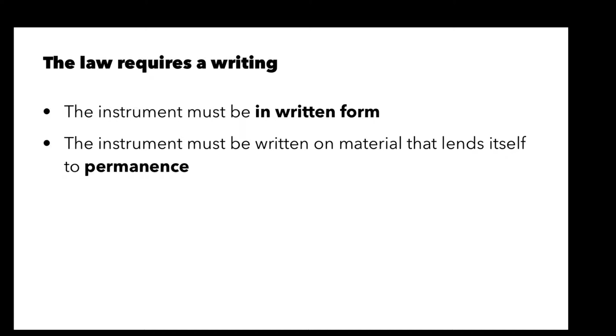We could write it, we could cut it into a table. Any of those, as long as there's a writing and it's on material that lends itself to permanence, then that indicates that it is likely to meet the standard of a writing for a negotiable instrument.